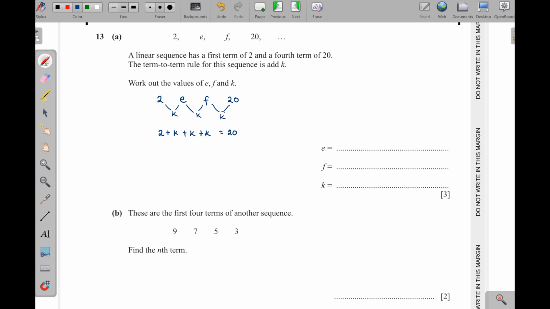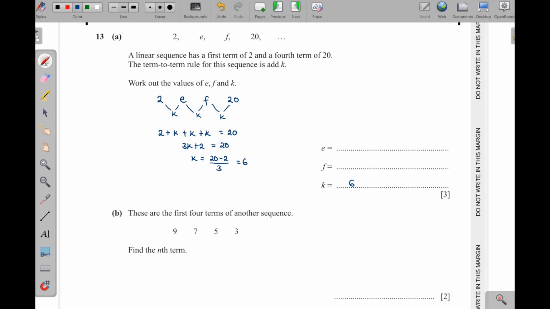There are 3 K's in here to come to the 20. Now that means we are having here 3K, then plus 2 is equal to 20. Then our K is going to be 20 minus 2, which is 18, divided by 3, you get a 6. So our K is a 6.